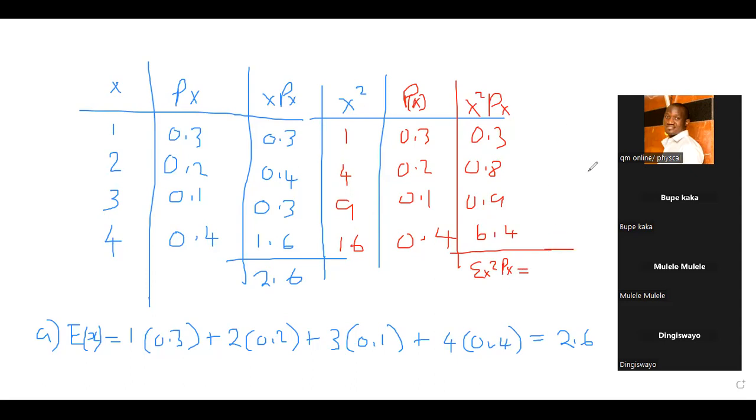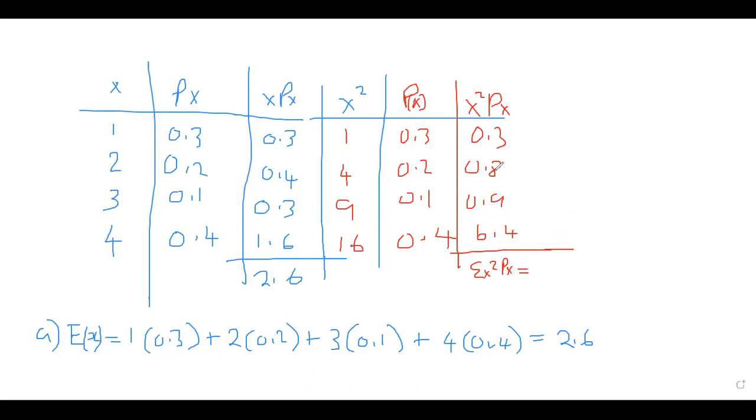So quickly, anyone with a calculator, when we add this, what do we get? 8.4. Okay. And this is not the variance, but the variance is the difference between 8.4 minus a square. So the variance is simply the summation of x squared P(x).